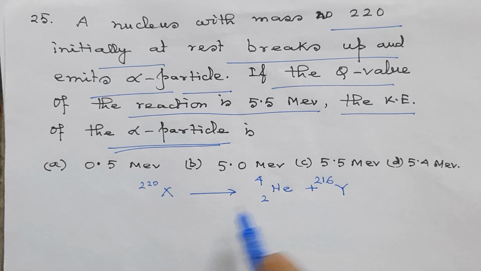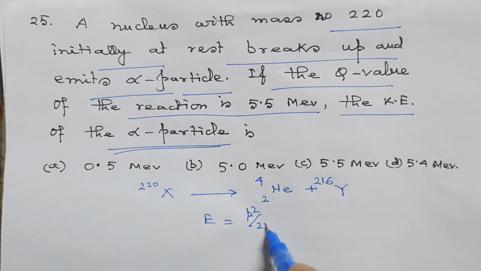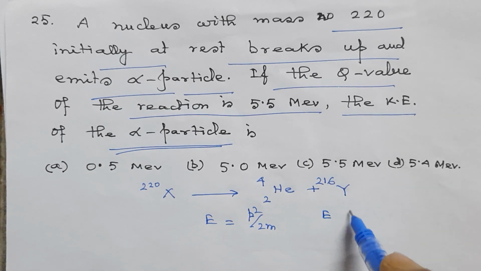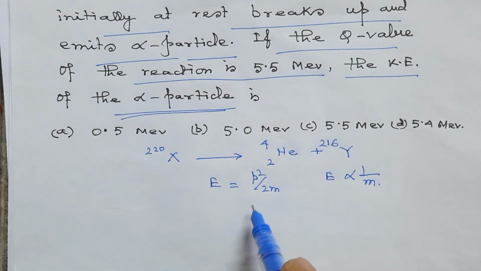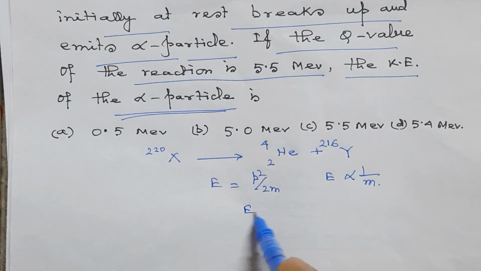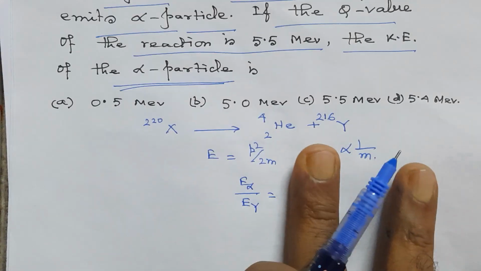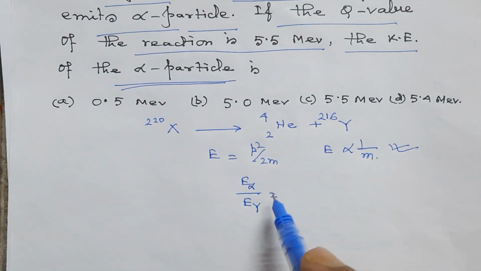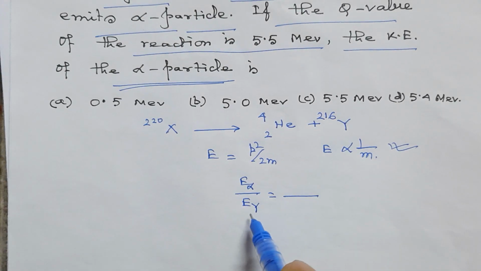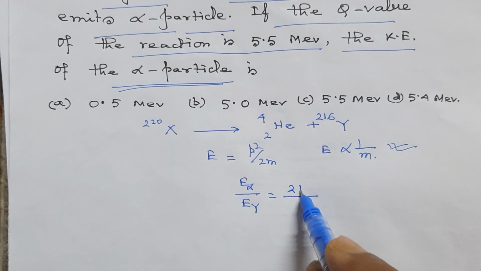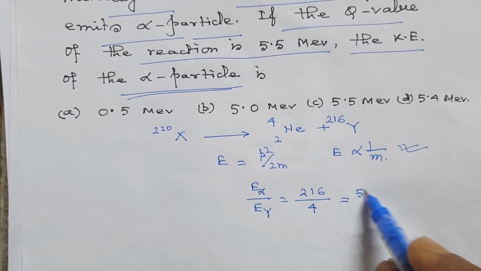As the momentum is conserved, we know that E equals P square by 2m. So the energy of each particle is proportional to 1 by m. So here E alpha by E Y is inversely proportional to the respective mass. So this should be mass of Y is 216 and mass of alpha is 4 units, that is 54 by 1.